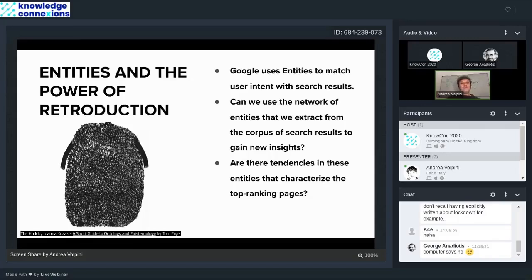The theory here is that we could use this network of entities to extract new insights from the corpus of results provided by Google, and these entities might also help us understand the pages that rank at the top from the pages that rank at the bottom of the same search results.